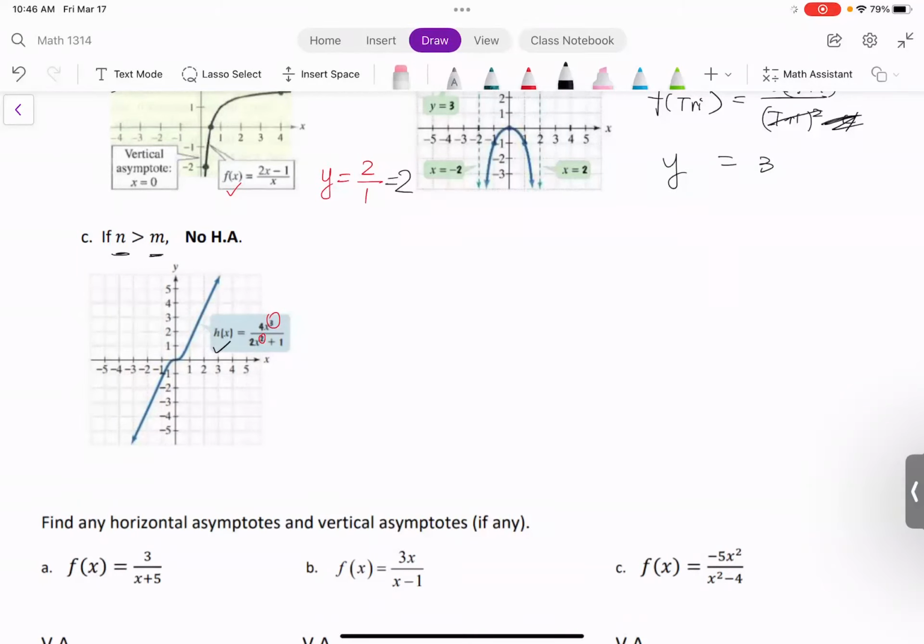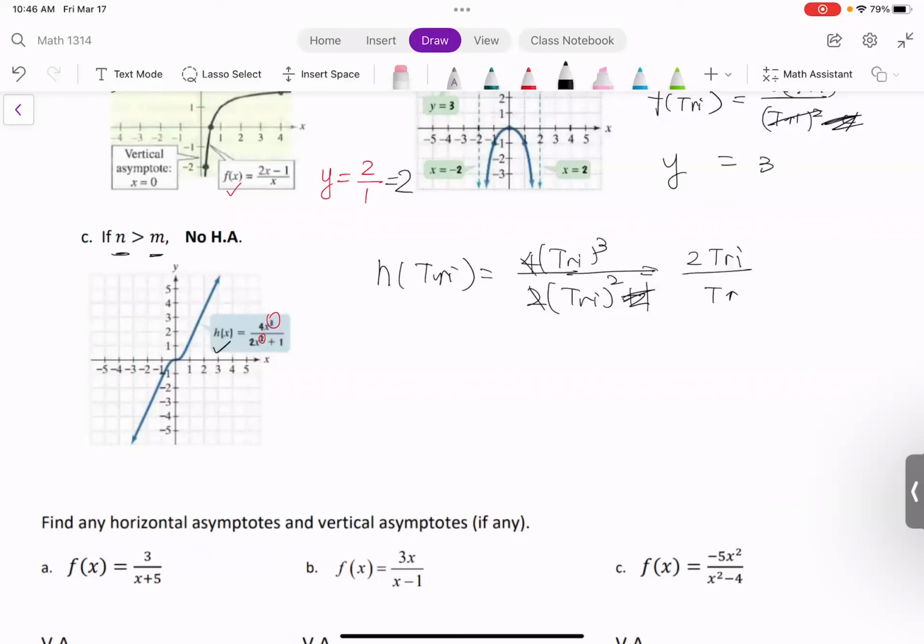You can also use the definition to find the horizontal asymptote, because I can plug in huge numbers. h of a trillion equals 4 trillion cubed over 2 trillion squared. The top and bottom do the cancellation. There's a plus 1, but compared with a trillion, 1 is nothing. So the top we have 2 trillion cubed, and the bottom is trillion squared.